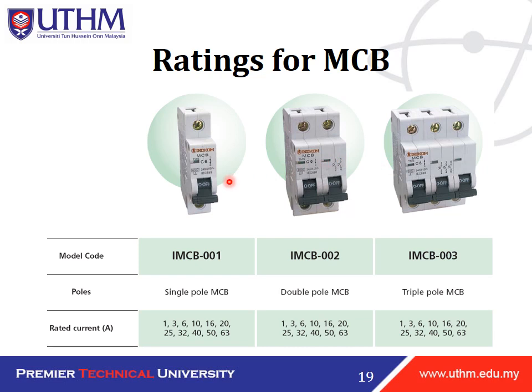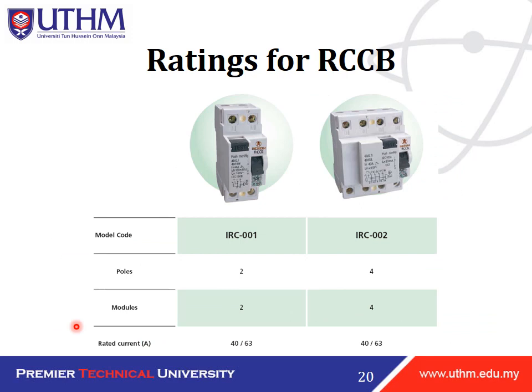This is SP, single pole, double pole DP, and tri-pole TP with their respective rated current. And then this is the rating for RCCB. We can see that this is for 2 poles, and then this is for 4 poles. Alright.